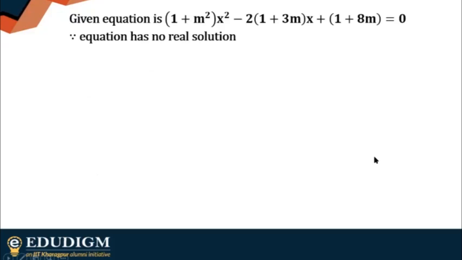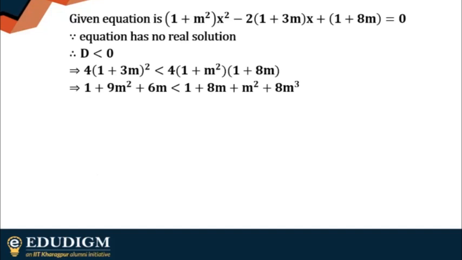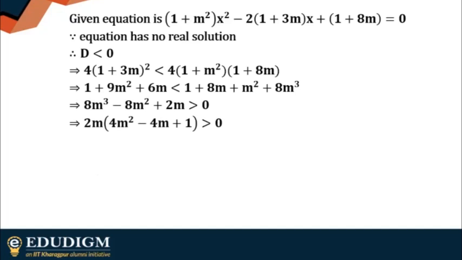Okay, so it has no real solution, so it means that the discriminant is strictly less than 0, and then you'll just work your way out through the inequalities, and see, this is what you get. After simplification, this is what you're going to get. So as you know, this square thing will always be greater than 0.